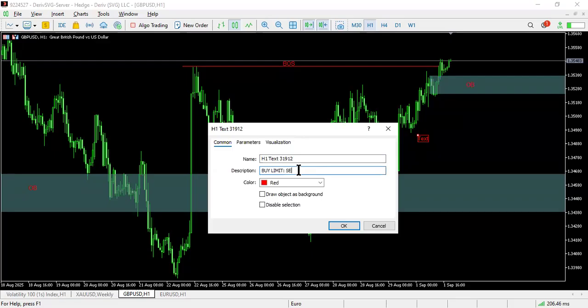The entry price is at 1.35373, and then our stop loss is at 1.35171, and then lastly our take profit is at 1.35900.